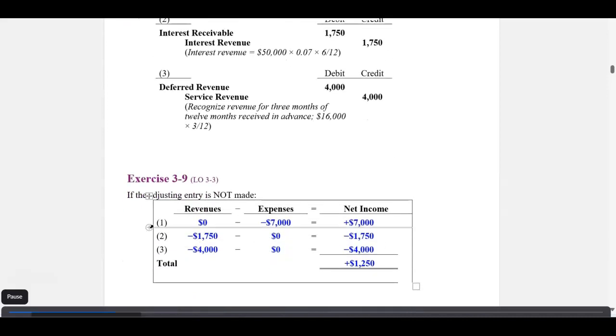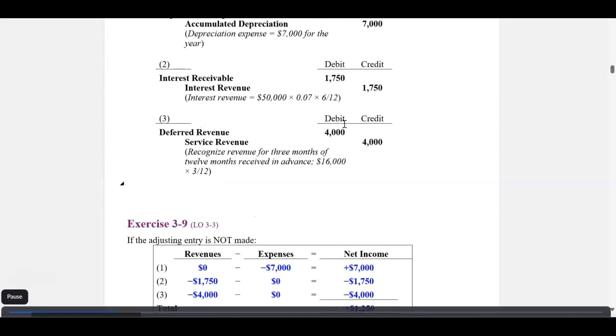So if you don't do number 1, your expense, depreciation expense, will be understated by $7,000. If expense is understated, then net income will be overstated by $7,000. If you don't recognize the adjustment number 2, the interest income, then your income will be understated by $1,750.